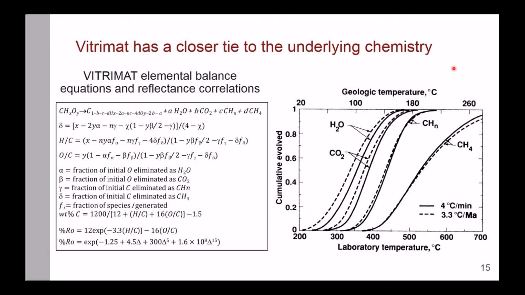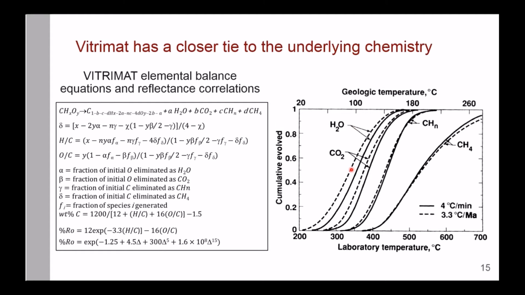So let me go back to Vitrimat. The global chemical reaction models are convenient, but I think it's helpful to go back and look at what really is going on in more detail in the chemistry. So I'm showing again here the elemental balance equations, and also the calculation of the elimination of water and CO2 at both laboratory and geological heating rate.